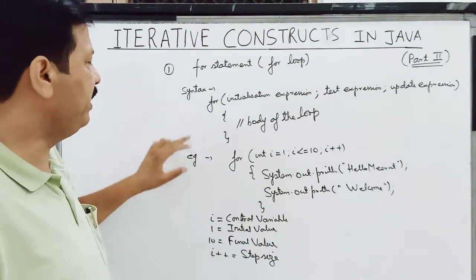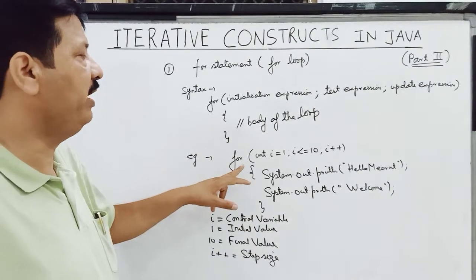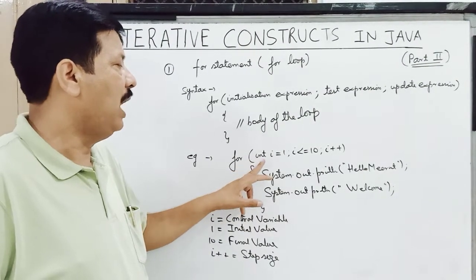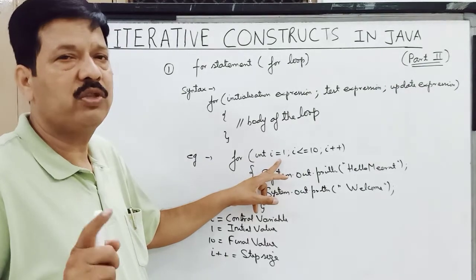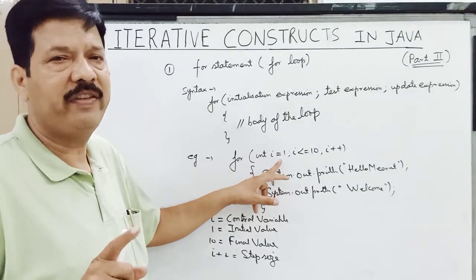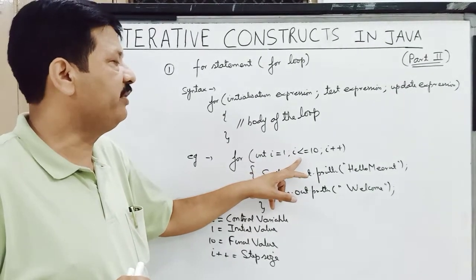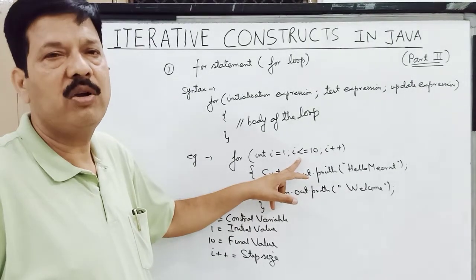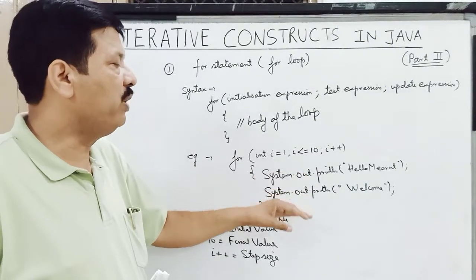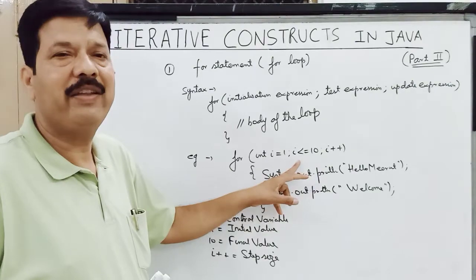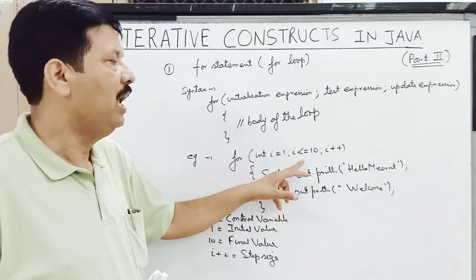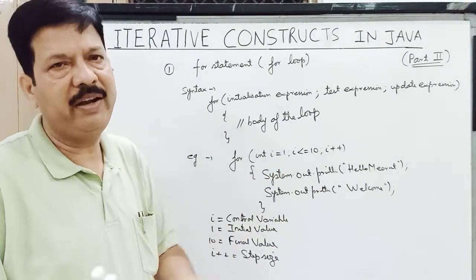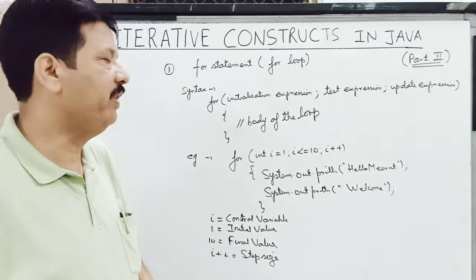Now children, let us see the example. I have written one example: for int I is equal to 1. So this loop is going to start from 1. This is the initial value. The test expression is I is less than or equal to 10, so it is going to be executed till the value of I is less than or equal to 10. And I plus plus is the update expression, where the value is increasing.